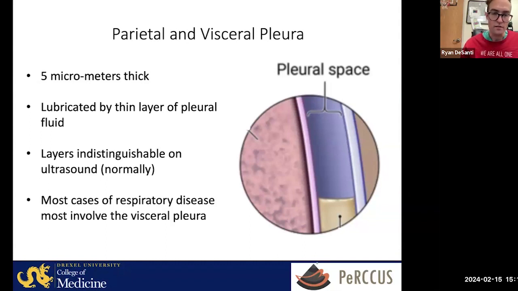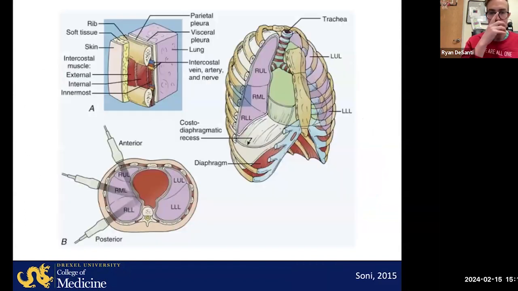But most cases of respiratory disease, especially in adults, and some in pediatrics, except for asthma and bronchiolitis, can involve the visceral pleura. And so the disease comes up to the pleura and can cause abnormalities of the pleural line, which are then recognizable on the lung ultrasound.